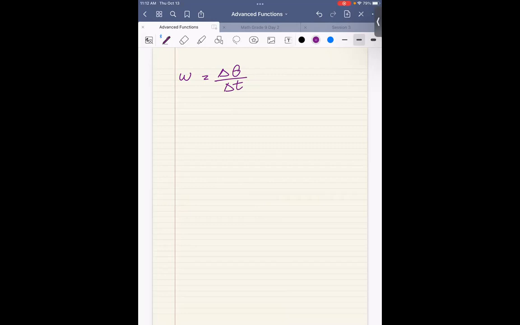That means the rate of change of the angle with respect to time. So the next question says to find the angular velocity of Earth's rotation. You can use this formula for question 7.